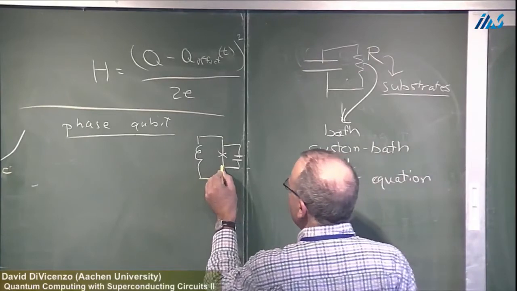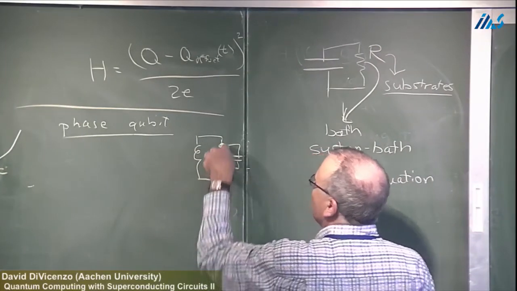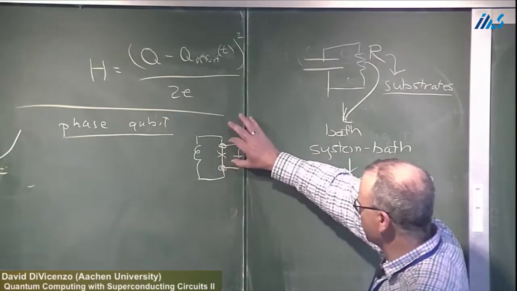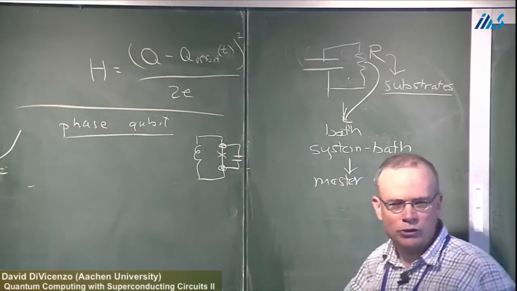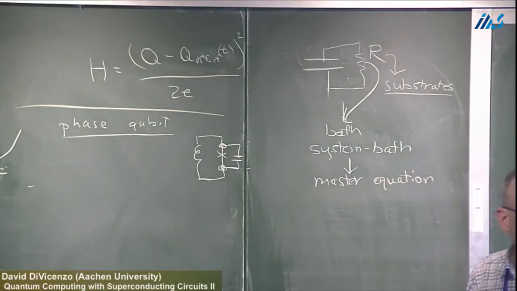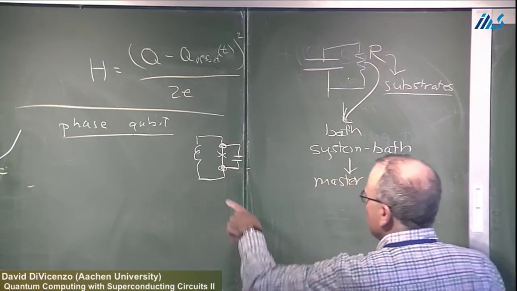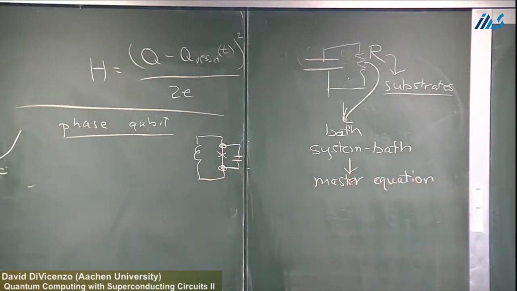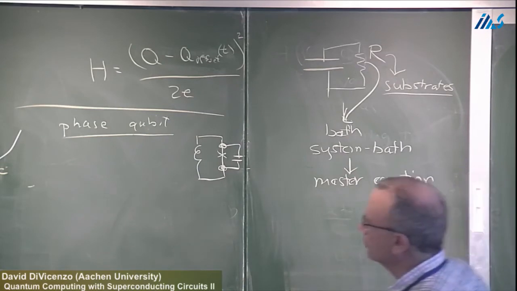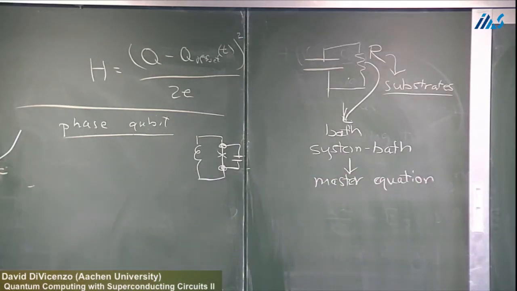That is, there's a phase difference across this Josephson junction. It's the same as the phase difference across all 3 of these elements. So there's only one independent dynamical variable. And in fact, the only thing that this inductor does is that it adds one more term to the thing that we've already been talking about.